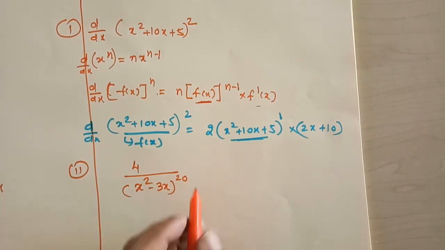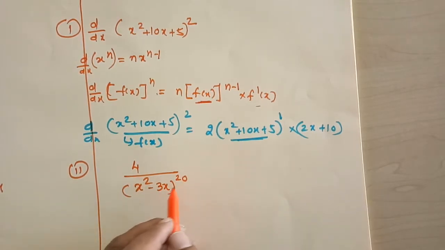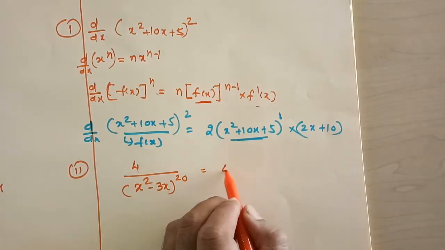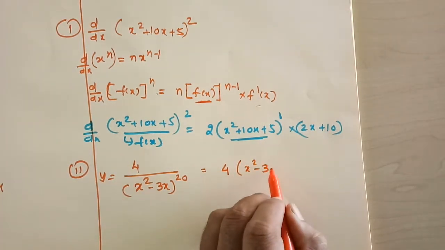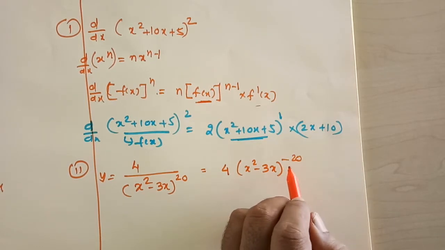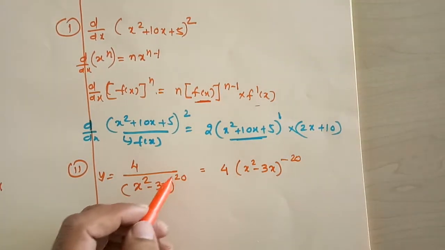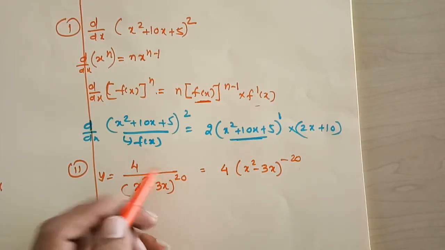God bless you. If you have to differentiate this, you first take this as 4 times x squared minus 3x to the power of negative 20. Hope this is clear. If you have any indices down, it can be taken up and written as a negative power.